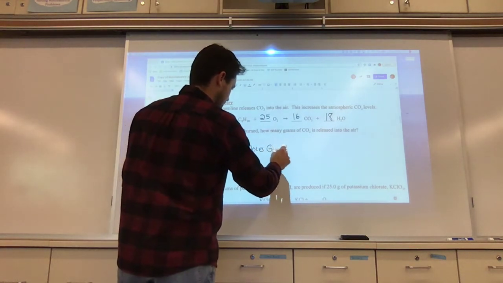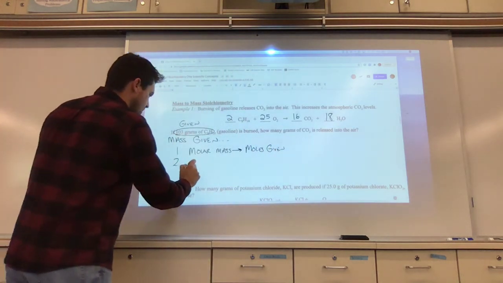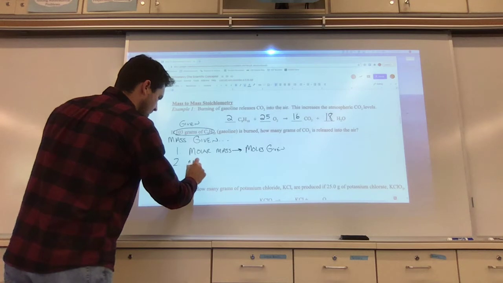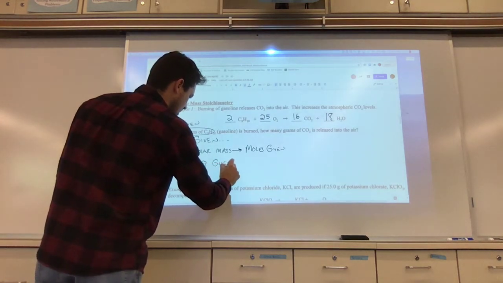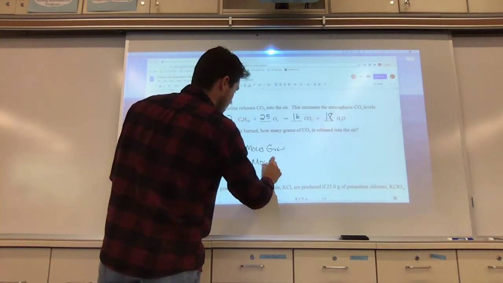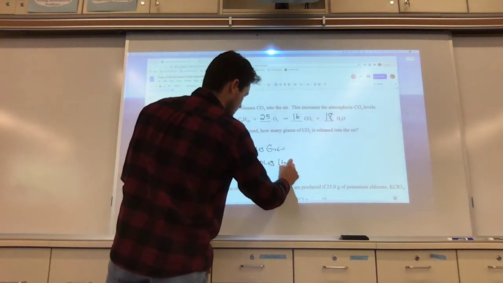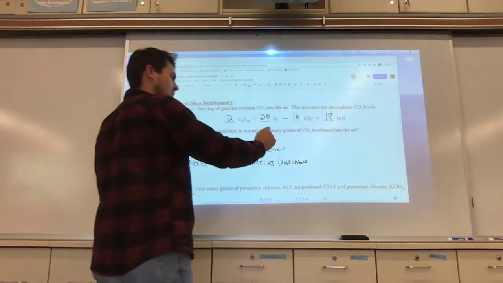The second step was then to go from moles of given through the balanced equation to find the moles of the unknown.